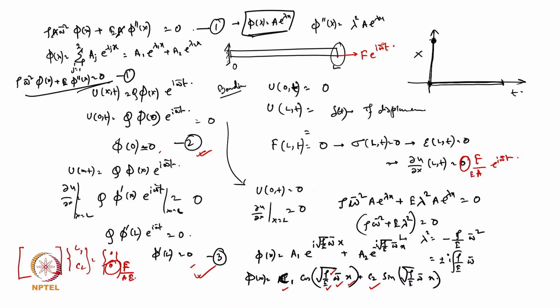So now if I just put, that may be cos of lambda x then sine of lambda x. If I do the derivative, that will become how much? Minus lambda c1 sine lambda x plus lambda c2 cos lambda x.